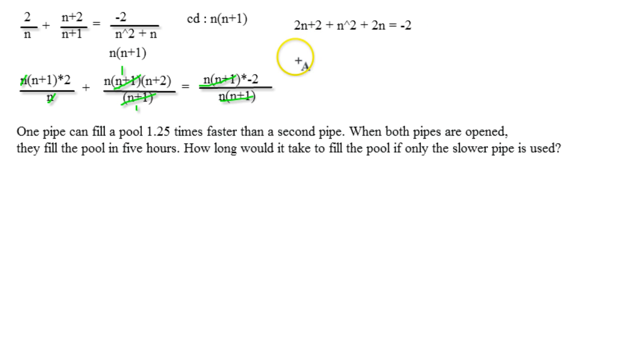So what I'm going to do is bring everything over to the left side, and I have n squared plus 4n plus 4 equals 0. Okay, that's a perfect square trinomial, so that's n plus 2 squared equals 0. Okay, and I simplify that, and n should equal negative 2.